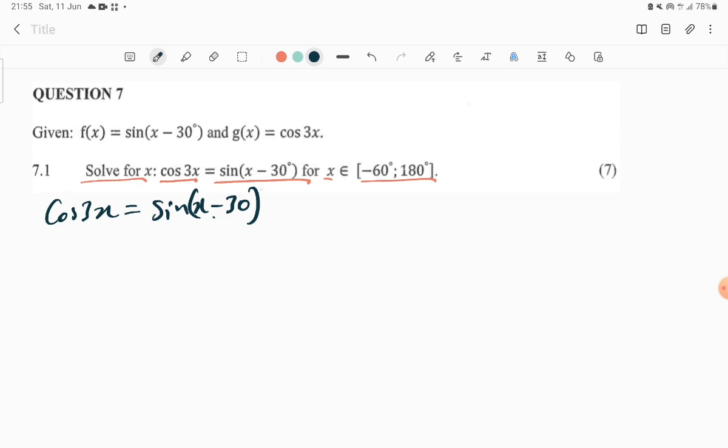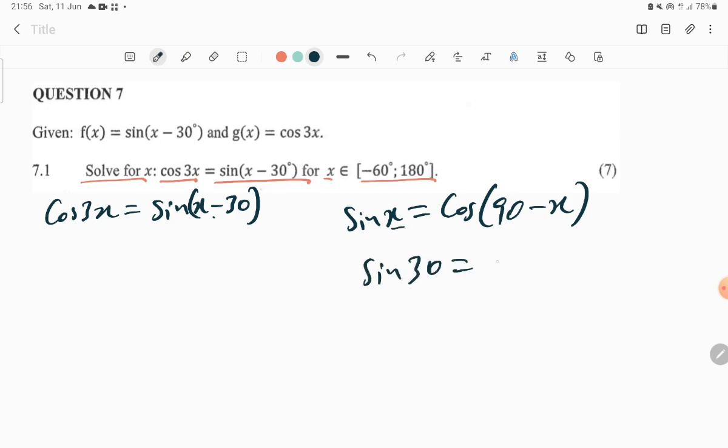Now we just need to remember these core ratios, that if you have sine x, it is also equal to cos of 90 minus the same angle, which is x. That makes sine 30 equal to cos of 90 minus the very same angle, so this is going to be cos 60.